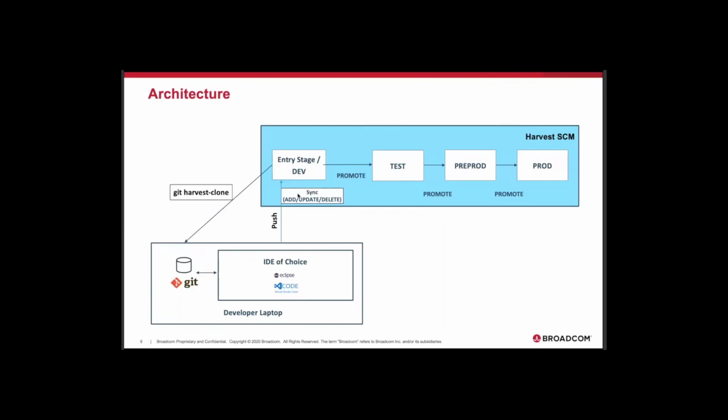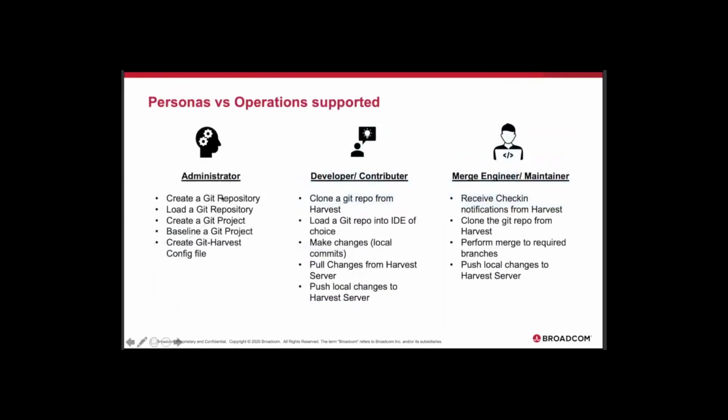So with that said, let me show you. These are the things that I'm going to cover in this demo. First, we will look at the administrator persona who creates the repository, loads the repository, creates the JIT project, baselines, etc. And then he does one additional step, creating this JIT Harvest configuration file, which serves as the base for the developers.